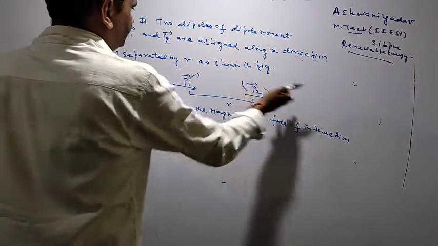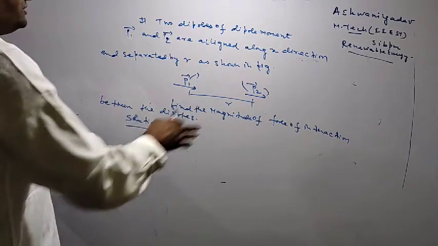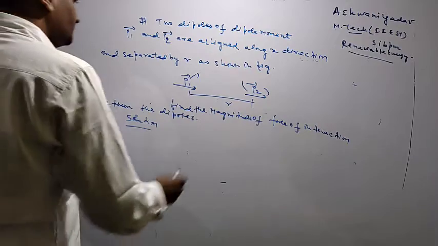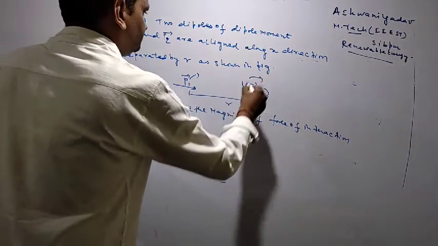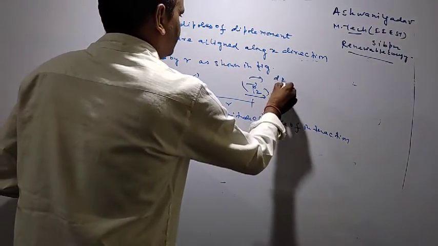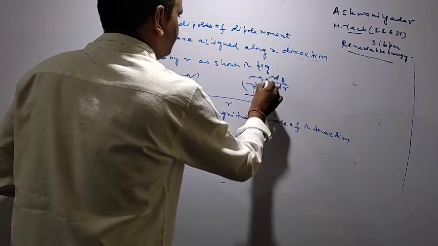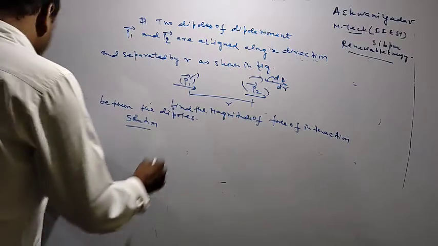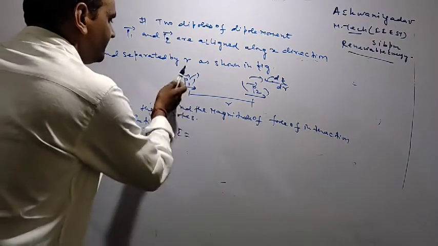Look, they are in same direction, so we can use the basic formula. It is under the electric field dE by dr, and this E is produced by this dipole moment P1. So the electric field, it is in axial direction.